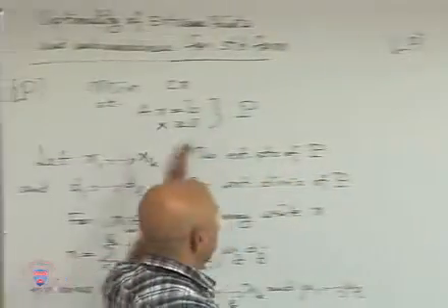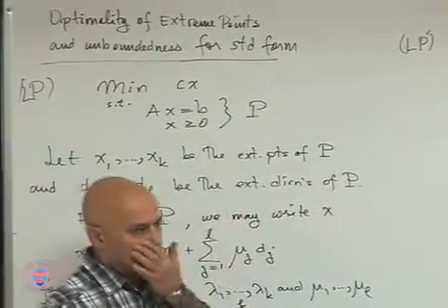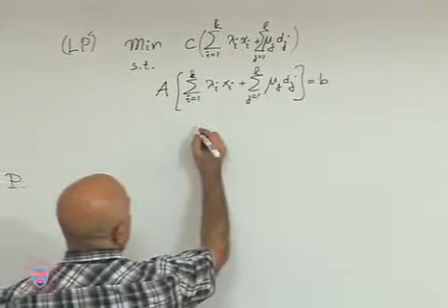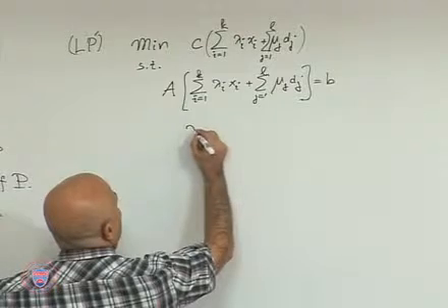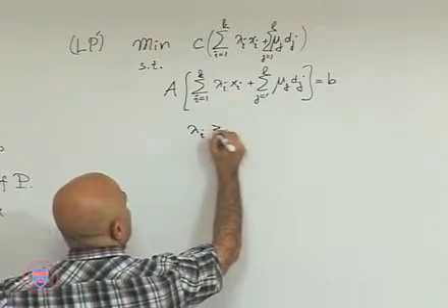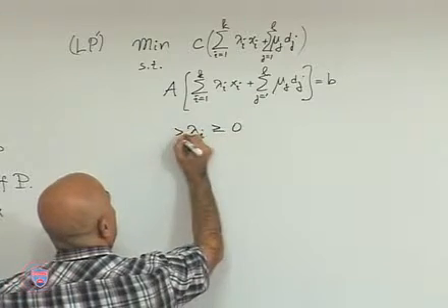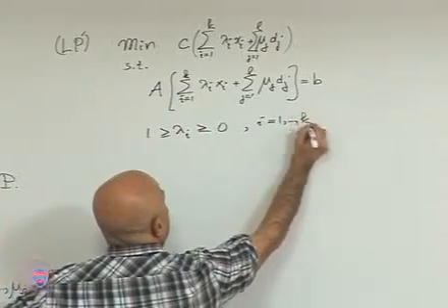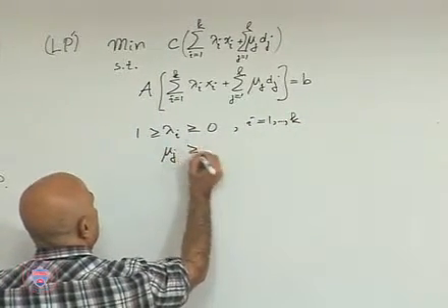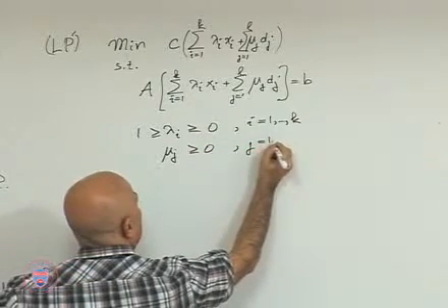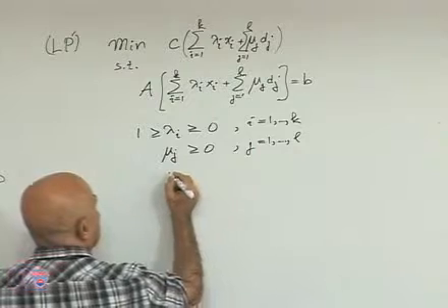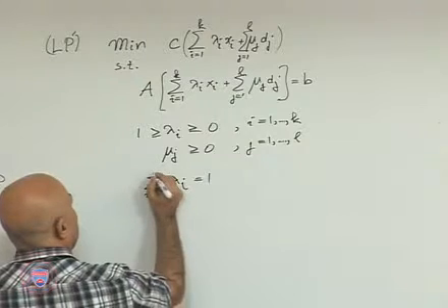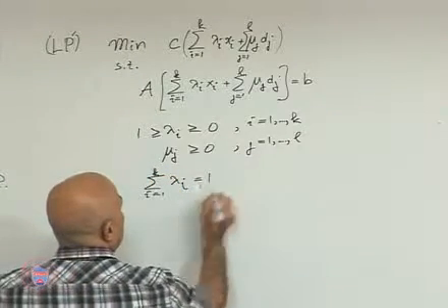Since I substituted for x, I don't need the non-negativity here, because what I have here is definitely non-negative, except that I need conditions on the lambdas and the mu's. Lambda i are greater than or equal to 0 and less than or equal to 1 for i 1 to k. Mu j are greater than or equal to 0. And the summation of lambda i equals 1, okay?